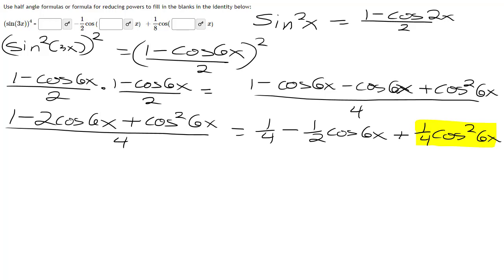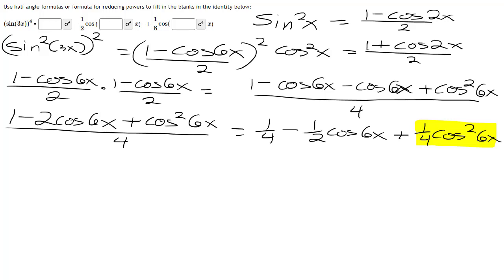So now we bring in the formula for cosine squared reduction. Our cosine squared reduction formula is very similar. It's 1 plus cosine of 2x all over 2.